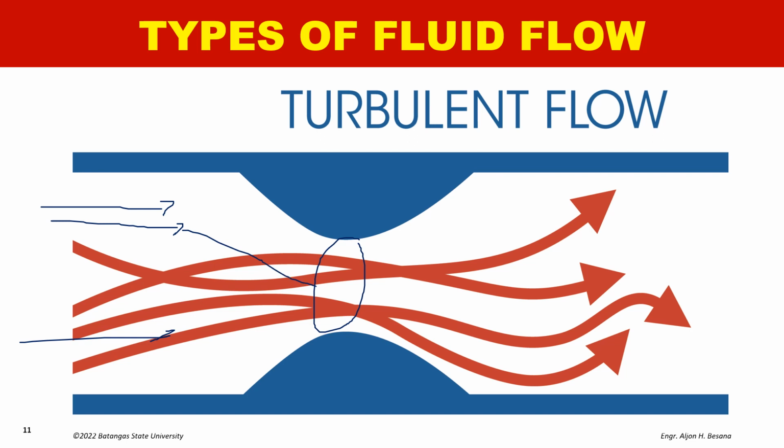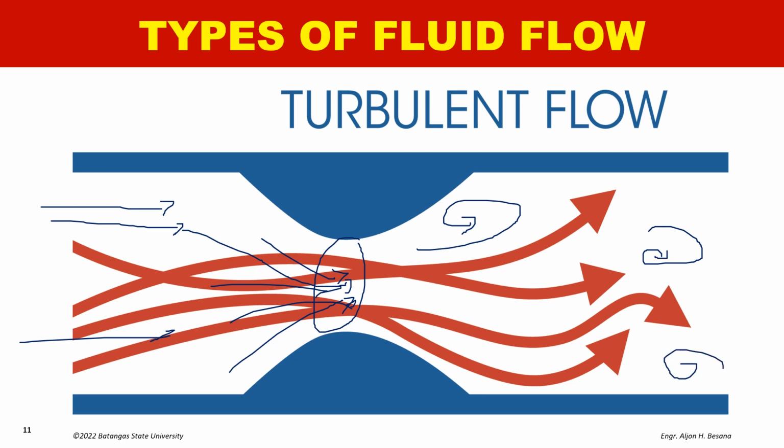As the area changes, the velocity gets higher to satisfy continuity, where flow rate 1 equals flow rate 2, causing the distortion or complex flow of the fluid, which is called turbulent flow. The fluid could be moving turbulently like this, or some moving like that. So that is turbulent flow.